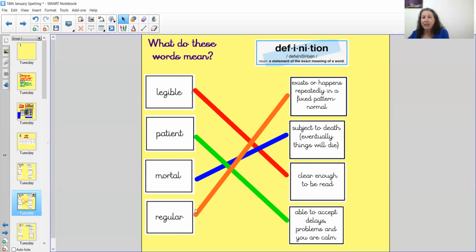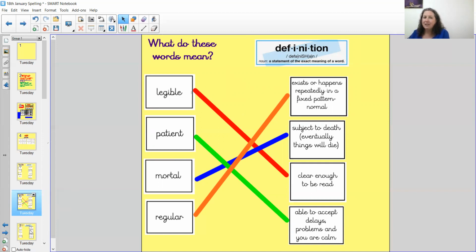Regular means that things happen repeatedly in a fixed pattern, so that they may become the norm. For example, we have regular school times because that is the fixed pattern of our start and our finish point. You can always pause it now if you want to read through them again.